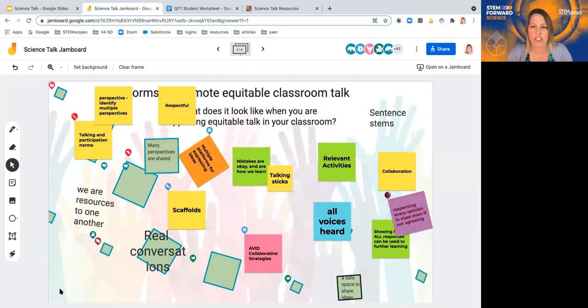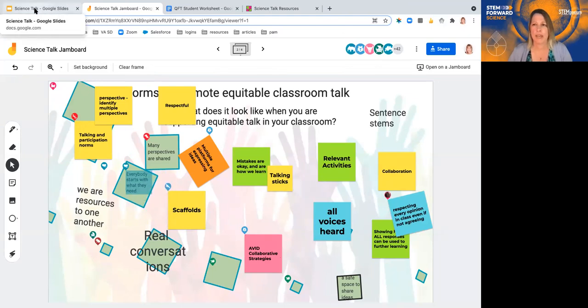Many perspectives are shared, lots and lots of great ideas that you have up here. You can keep adding to those as we continue.